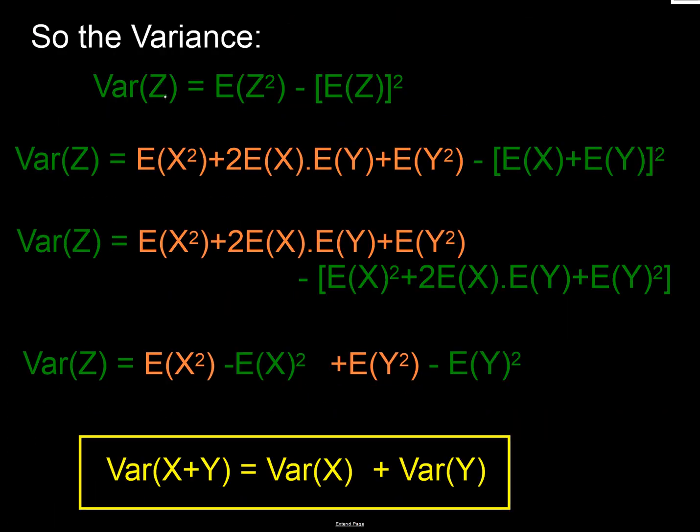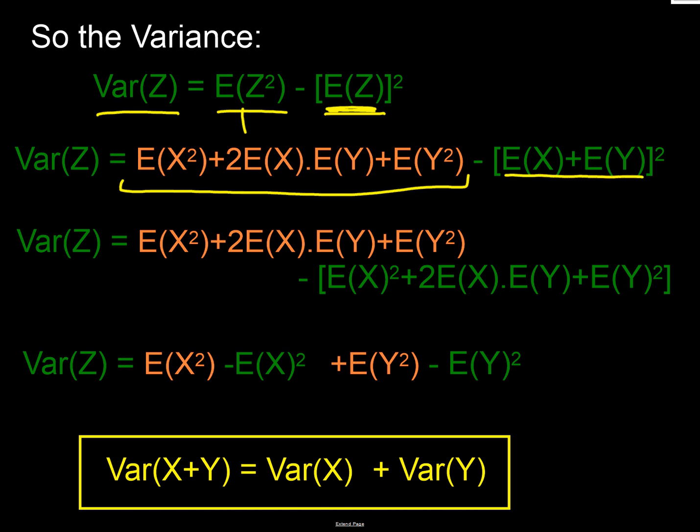And of course, if we want to find our variance, we know our variance is that term that we've just calculated minus our expected value of z, all squared. So here's our first part that we just found for E of z squared, and we already know that the expected value of z is just the expected value of x plus the expected value of y, and that's squared. So if we expand that bracket, we get this expression here.